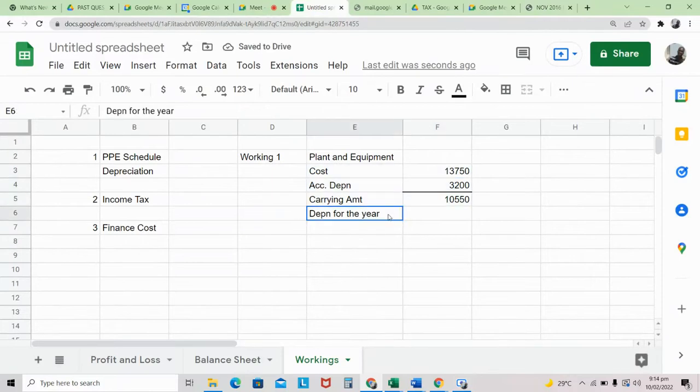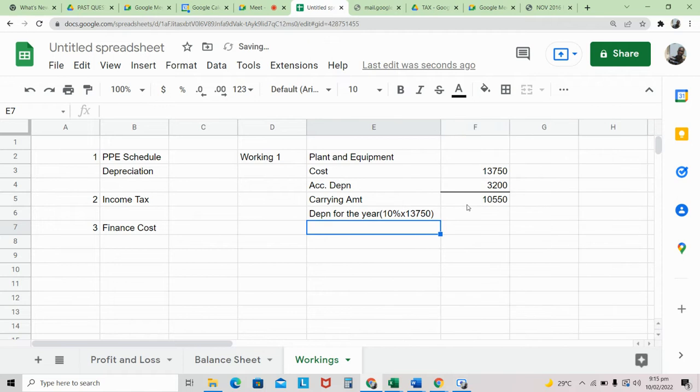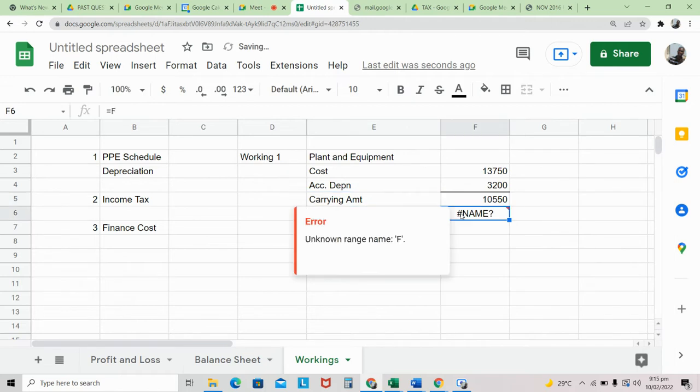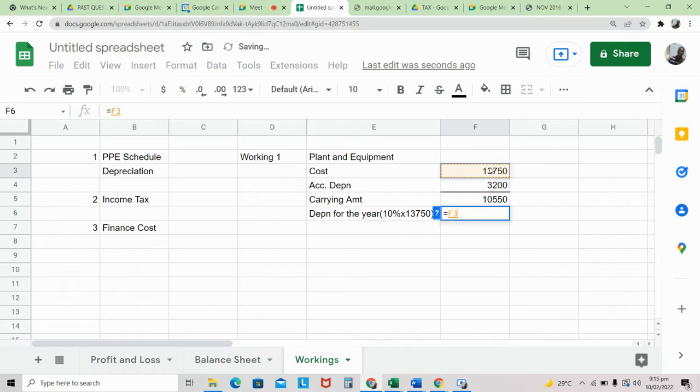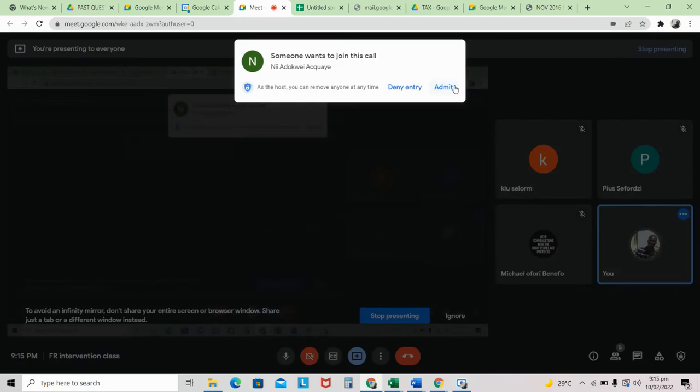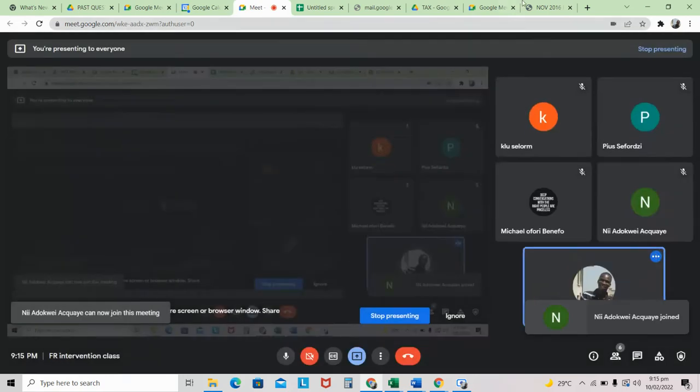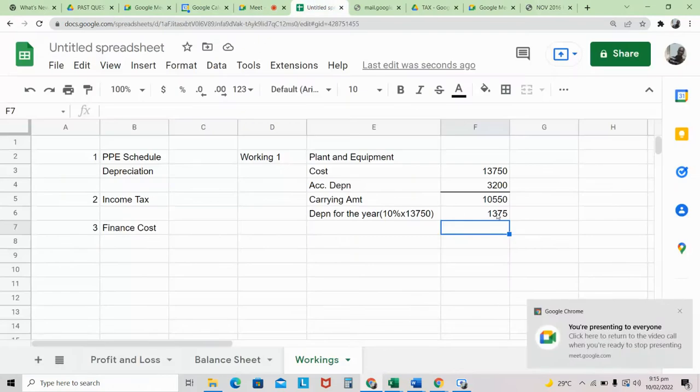10% of 13,750. We are going to get this times 10%, which is 1,375.